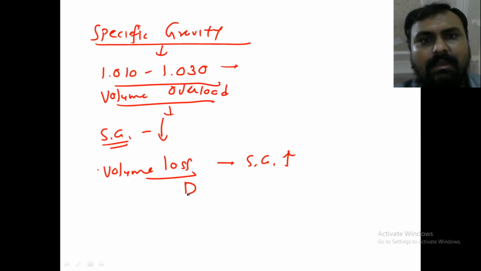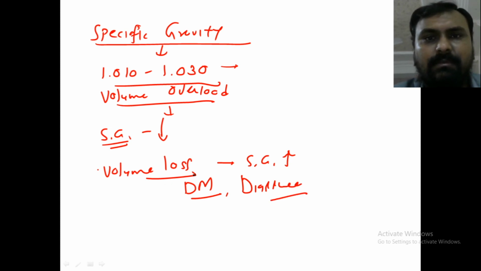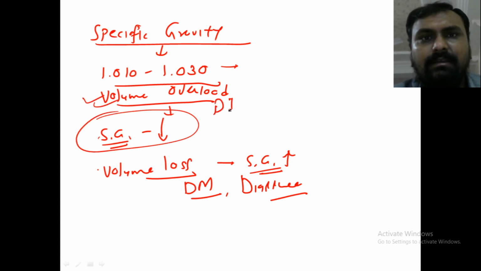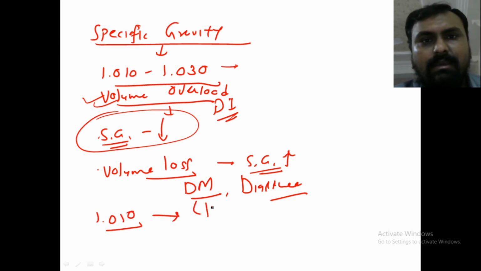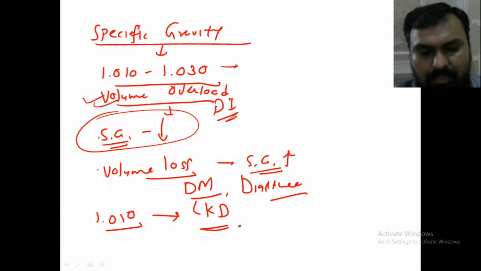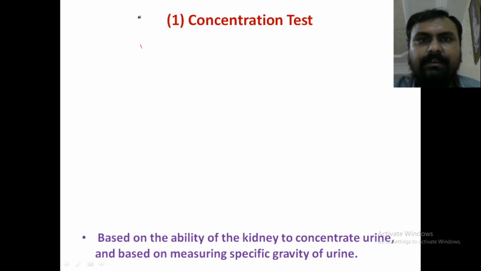Like in diabetes mellitus, or severe diarrhea and vomiting, in all these cases specific gravity will be increased, while it will be decreased because of volume overload or diabetes insipidus, right? And in chronic kidney disease specific gravity will be fixed at 1.010, which is called isosthenuria. Now coming to the concentration test.